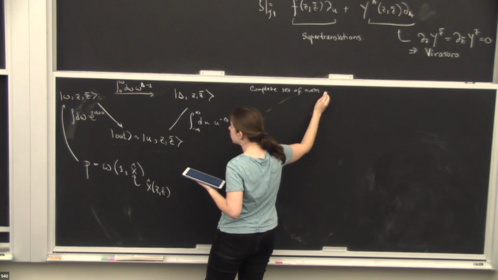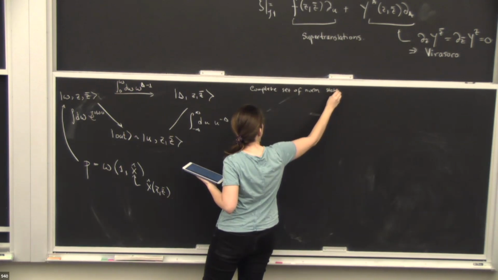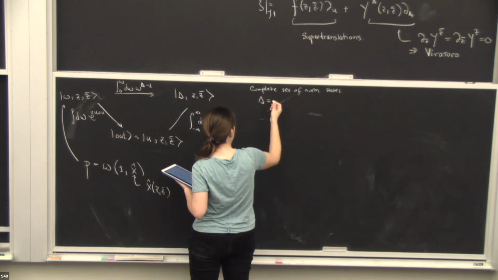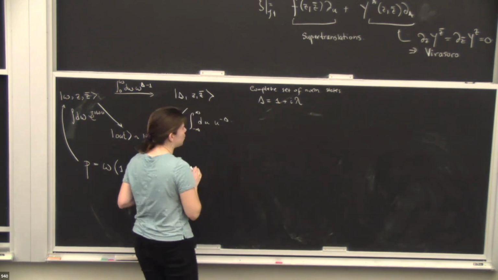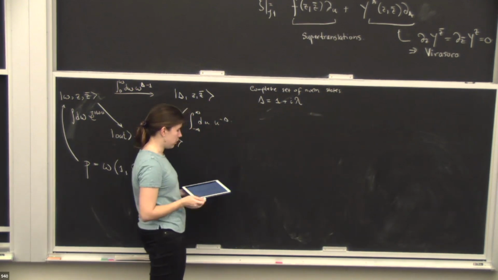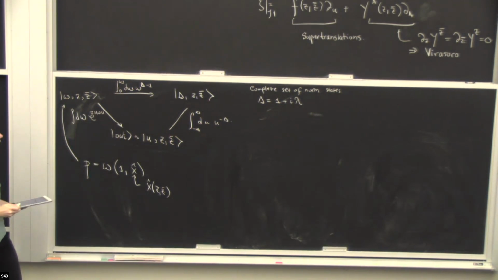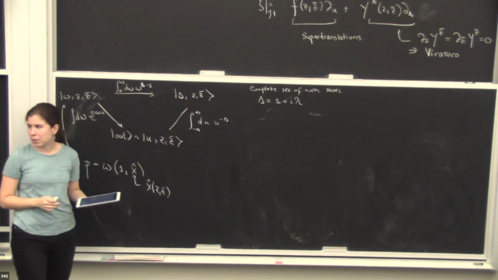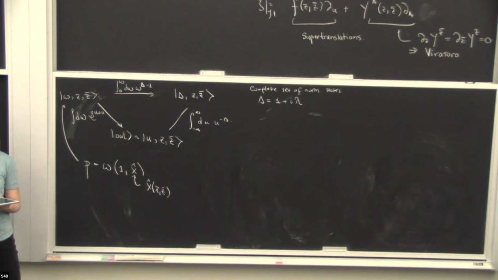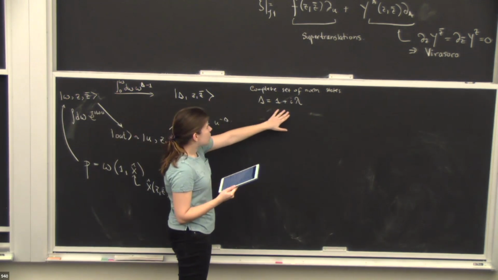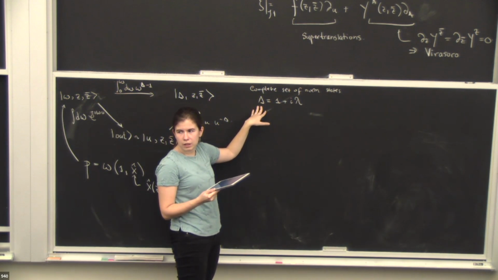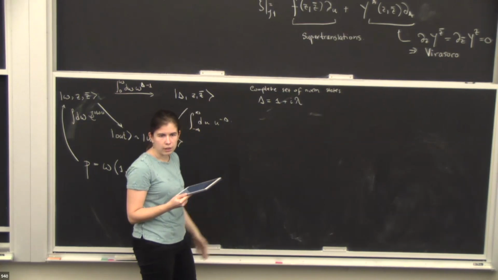You mean the delta lies in the principal series? Yes, but I didn't want to say the word principal series. So it takes this form in 4 dimensions, 1 plus i lambda, but these are not principal series representations. They're highest weight states of dimension delta equal to 1 plus i lambda. So there is a continuum of dimensions delta, and it's needed in order to get a complete set of states.